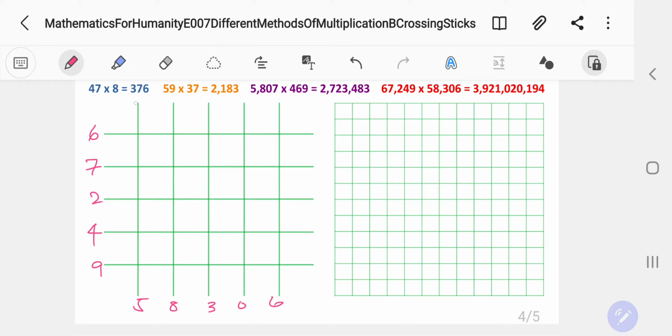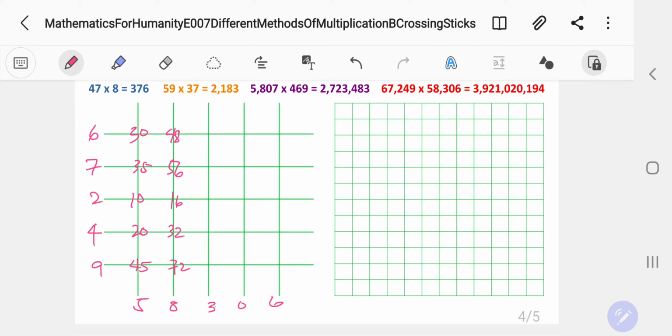So now 5 times 3 would be 30, and then 5 times 7 would be 35, 5 times 2 would be 10, 4 times 5 would be 20, and then 9 times 5 would be 45. 8 times 6 would be 48, 8 times 7 would be 56, 8 times 2 would be 16, 8 times 4 would be 32, then 8 times 9 would be 72.